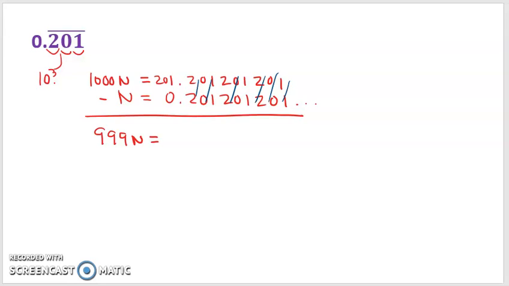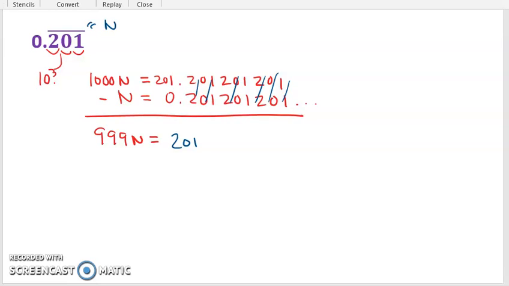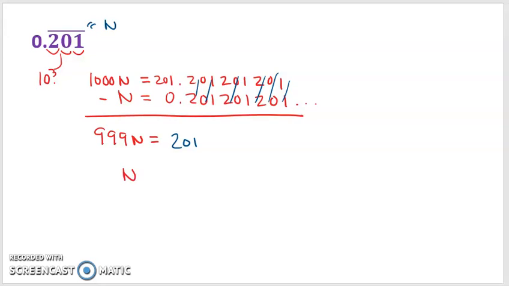It's all canceled. Equals 201. So 999 of the number, remember this number is what I'm going to call n, so 999 of them is equal to 201, and that says that n equals 201 over 999.